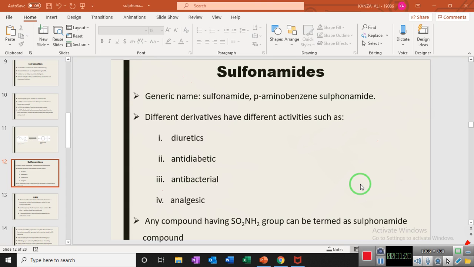In the case of local anesthetics, the nerve impulse or pain impulse is not conducted to the central nervous system. What does it mean? The message does not reach the central nervous system.